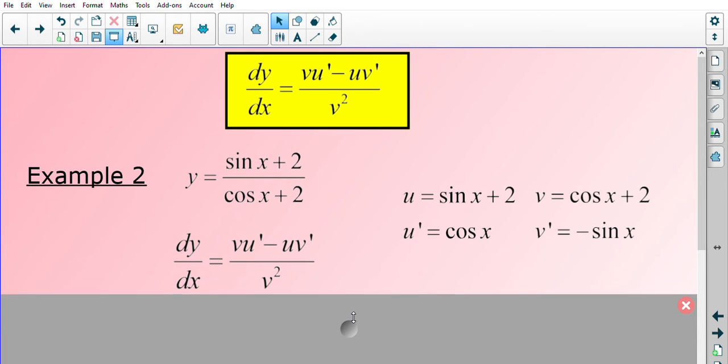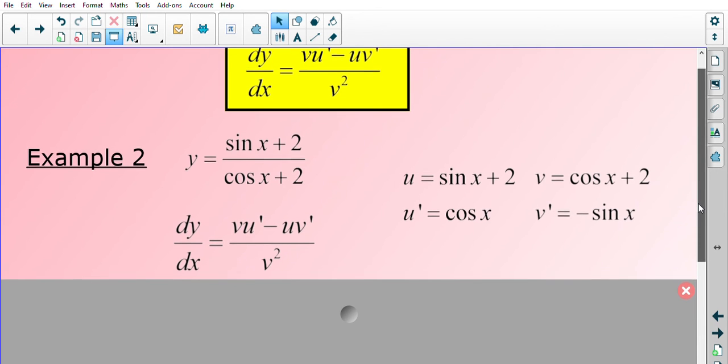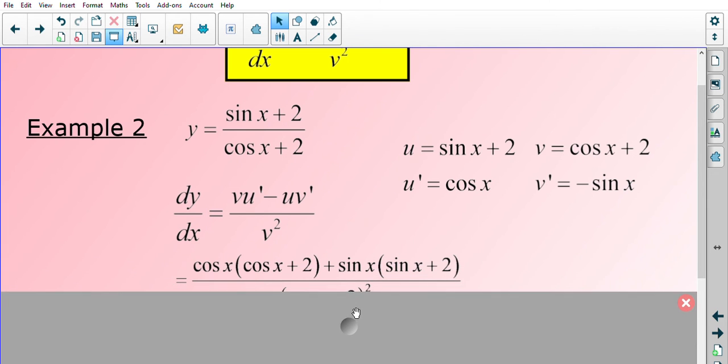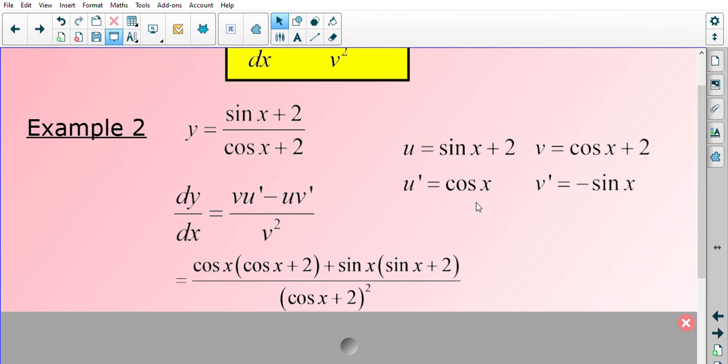So using my formula, remember I need to divide by v squared, so it's vu prime minus uv prime over v squared. I'm just going to substitute in my functions that I've discovered on the right hand side into this formula. So v multiplied by u prime, that's going to be cos x multiplied by cos x plus 2.